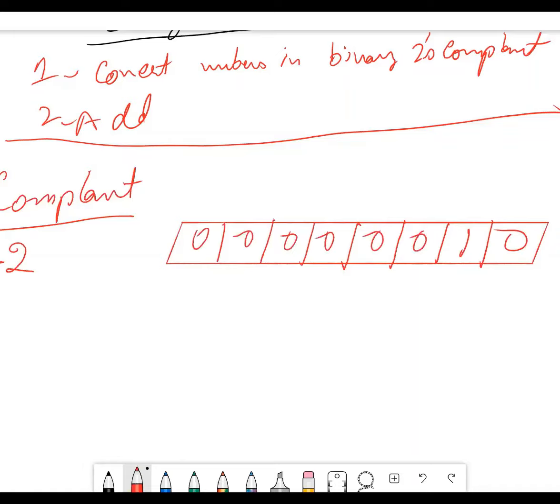Now take the 1's complement, which is to flip all. So this is your first step. Second step is to flip all. So I'll make it 1, 0, 1, 1, 1, 1, 1, and 1.